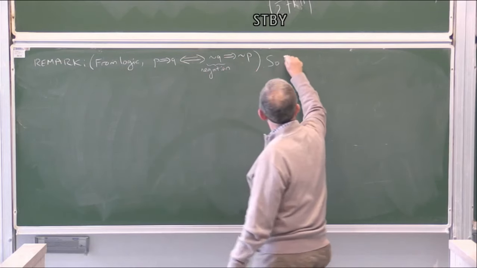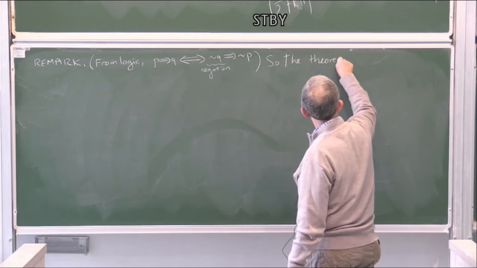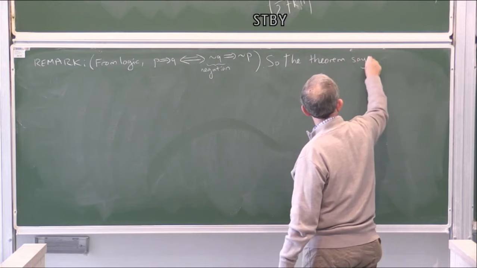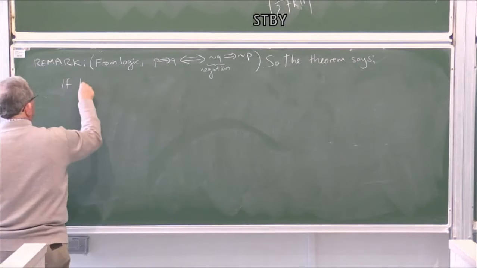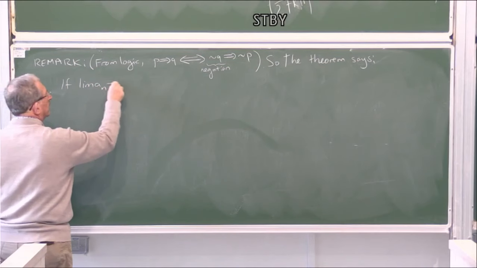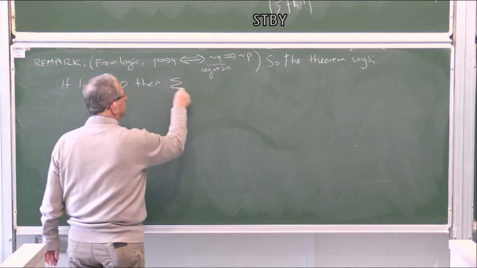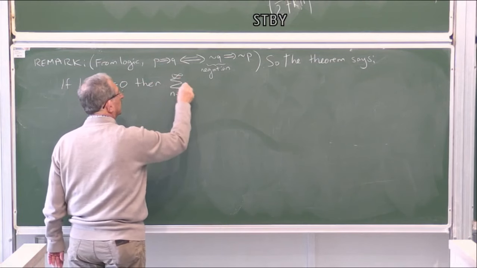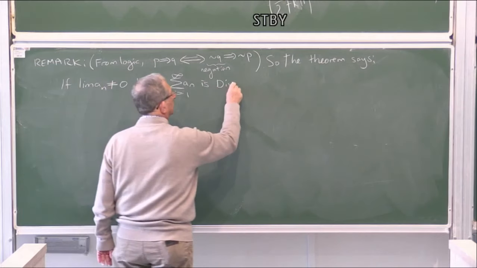So the theorem says: if the limit of a_n is not 0, then the series is divergent.